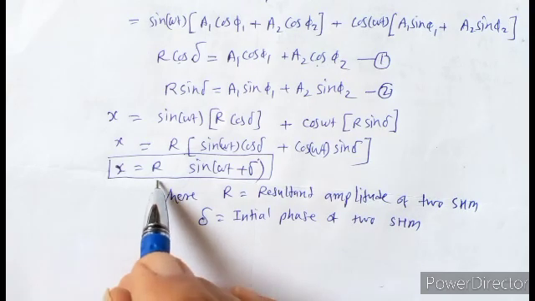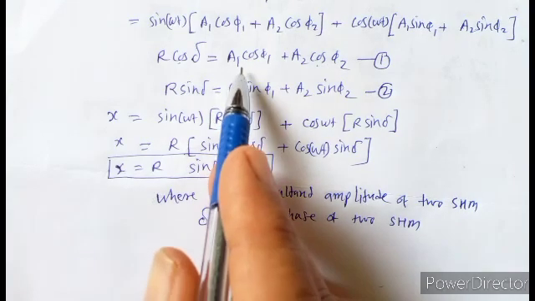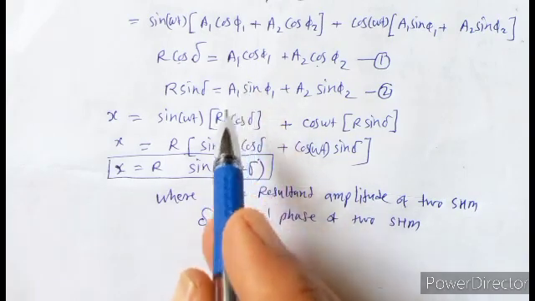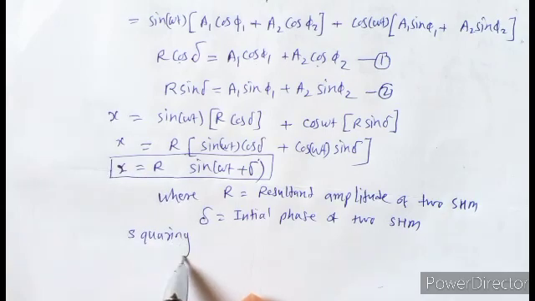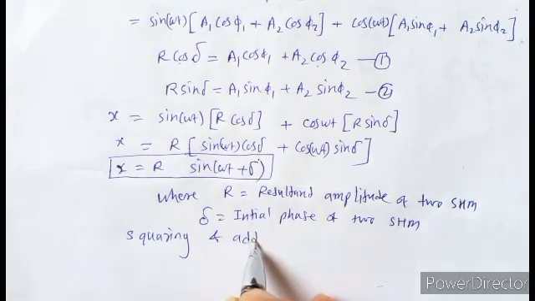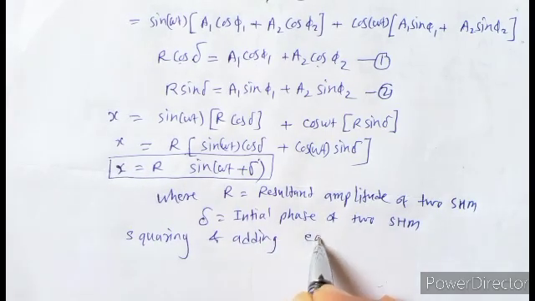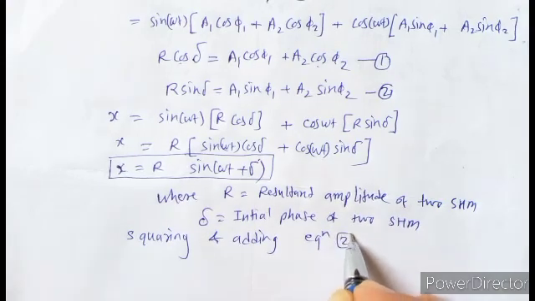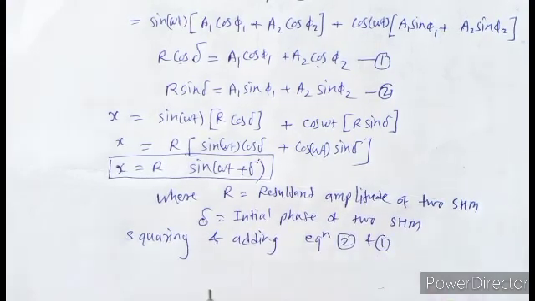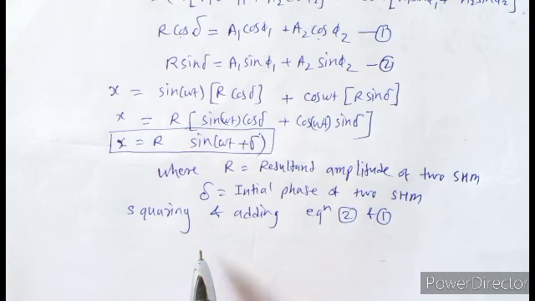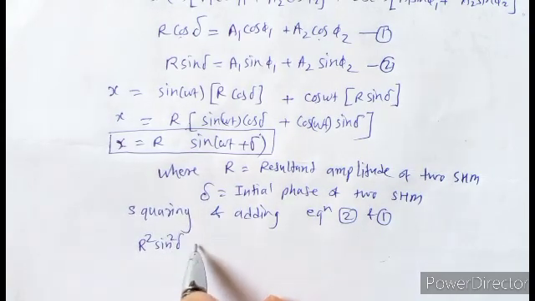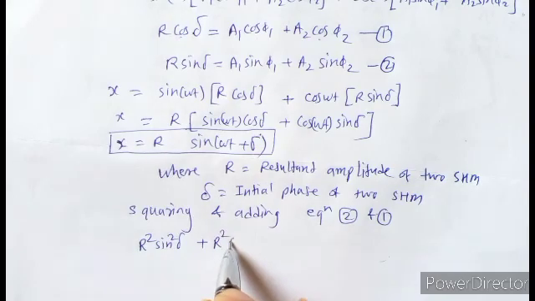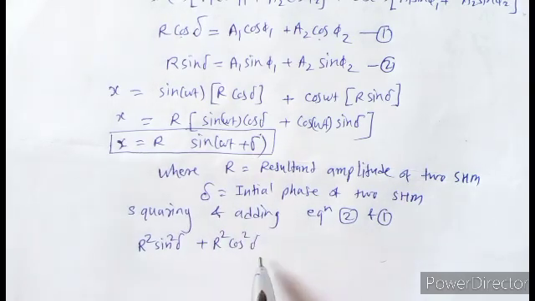Now we calculate the resultant amplitude by using equations 1 and 2. Squaring and adding equation 2 and 1. So we write 2 first: r square sin square delta plus r square cos square delta.